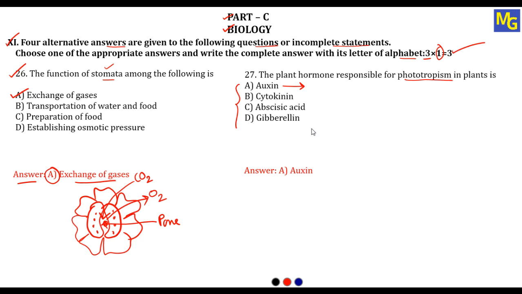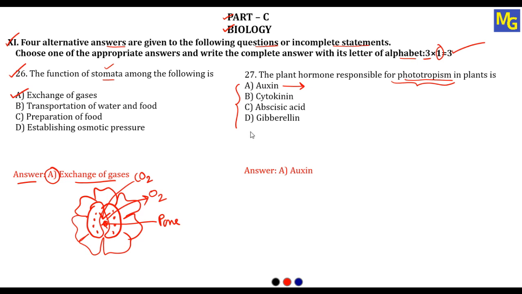So here what happens? Auxin will be secreted at the tip of the plant and that will flow towards the shaded part. And here the growth takes place and therefore the plant will grow towards the sunlight. And because it is growing towards the sunlight, it is called phototropism. So here the correct answer is option A.